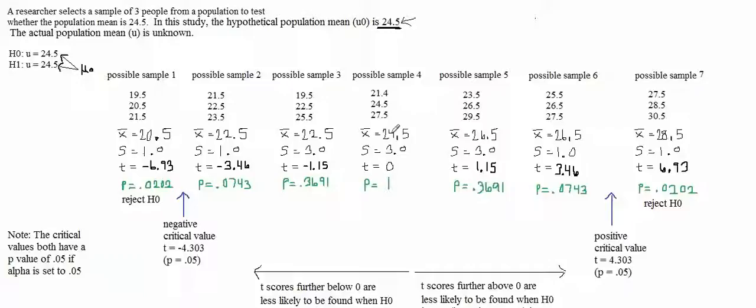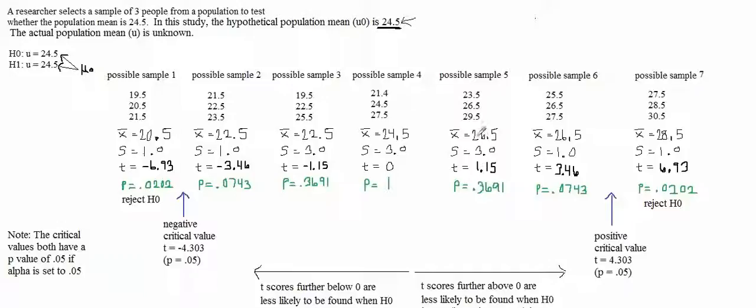If the sample mean comes out higher than your hypothetical value, your t-score will be positive, and the further your sample mean is above your hypothetical value, the further your t-score will be above 0, because we can see that when the sample mean goes from 24.5 up to 26.5, and the sample mean is now 2 higher than the hypothetical value, the t-score goes up to 1.15.